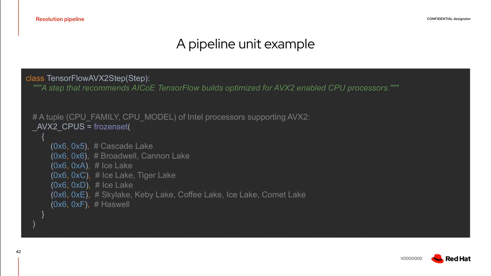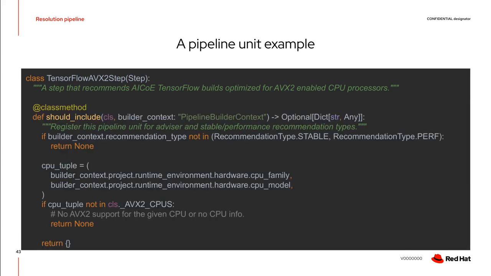The listing of CPUs is quite straightforward. It holds a couple of two integers that describe CPU family and CPU model of Intel processors that support AVX2. So these are basically constants. Then there is the should_include class method that asks this step whether it should be included in the resolution process.